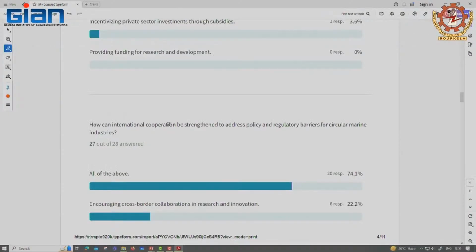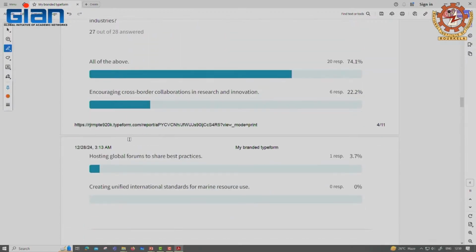How can international cooperation be strengthened to address policy and regulatory barriers for the circular marine industry? All of the above. Cross-border collaboration, which is happening. Hosting global forums for sharing best practices. That's why we need open access research. All publications based on publicly funded research should be open access.